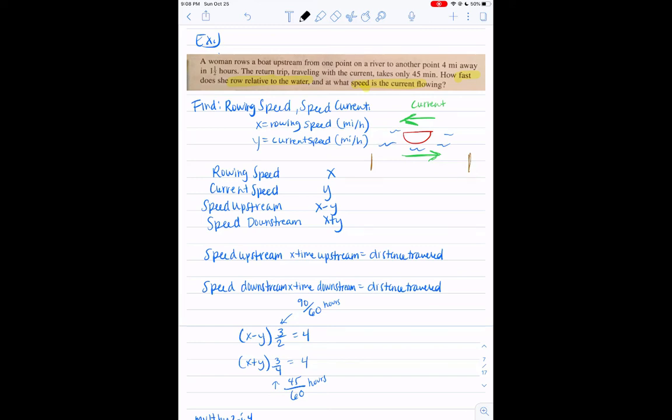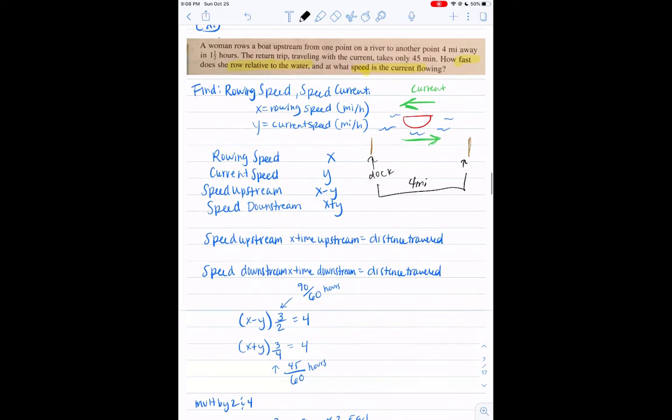So I'm going to let x equal the rowing speed and y equal the current speed. And here's the picture. I have my dock, from one point of the river to the other, and it's 4 miles away. So I'm letting my rowing speed be x and the current speed be y.